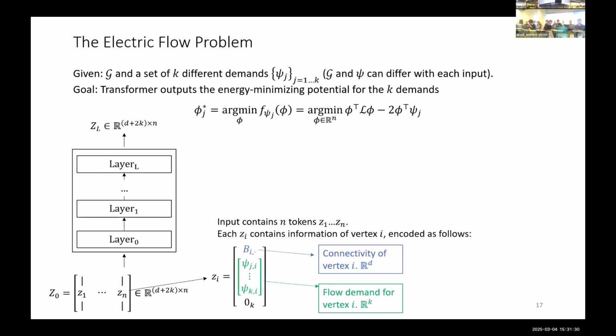So if I have k demands, this is a vector of dimension k. And finally, we concatenate at the very end a stack of zeros, which is kind of like a scratch space that's needed for our construction. In practice, having this stack of zeros at the end is also helpful. So I guess in some sense it's necessary.